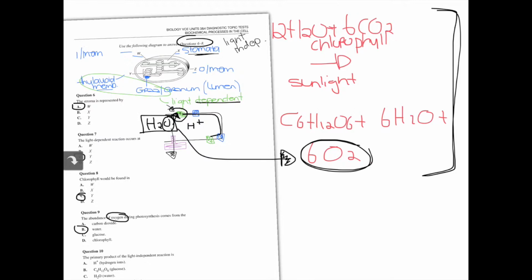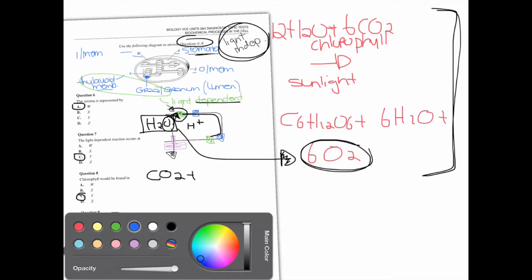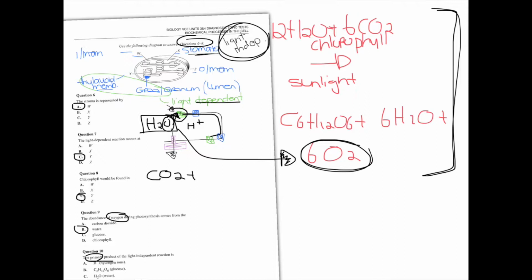Question 10. The primary product of the light-independent reaction. It's asking you what's a product from that, but what's the primary product? What's the most important thing? Remember, when we move out of the lumen into the stroma, we needed our carbon dioxide, and that bound with the Rubisco, which was the blue enzyme.